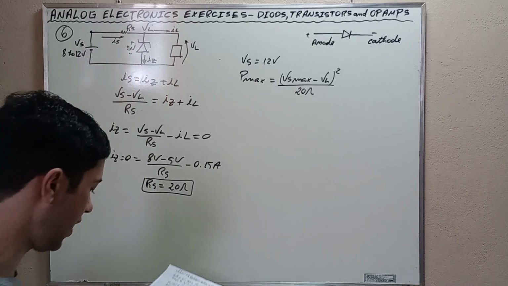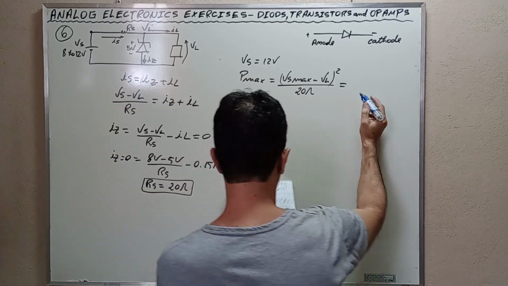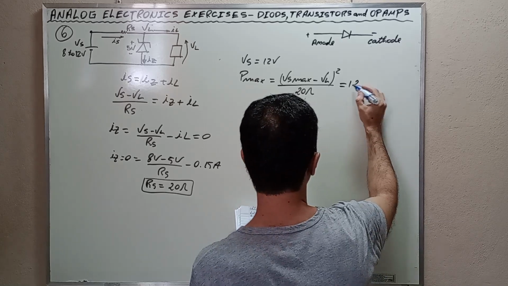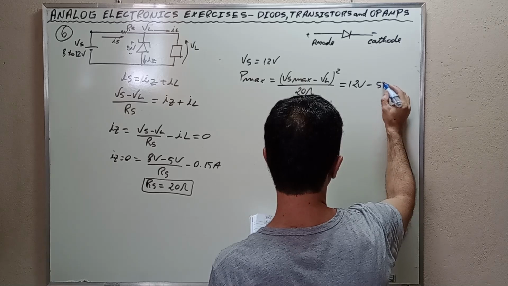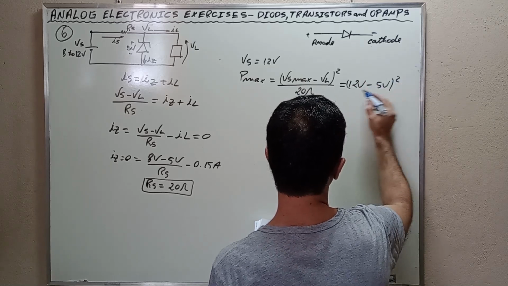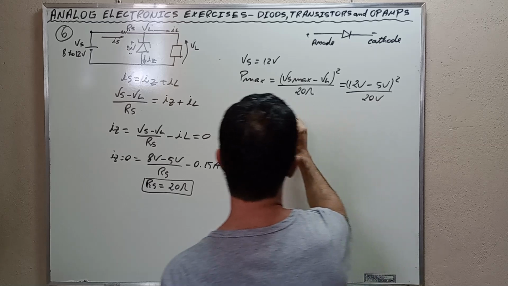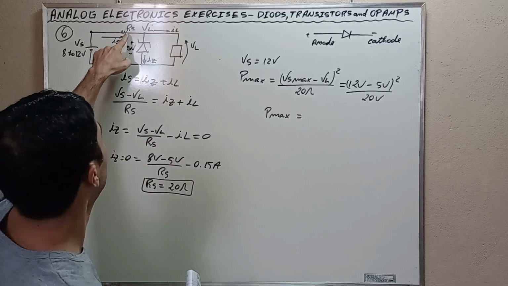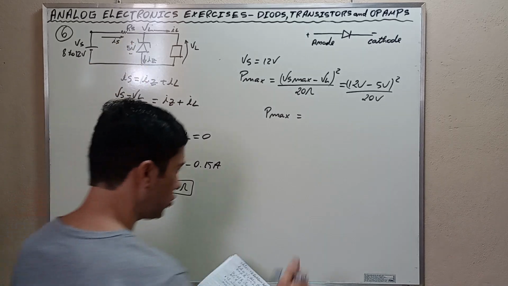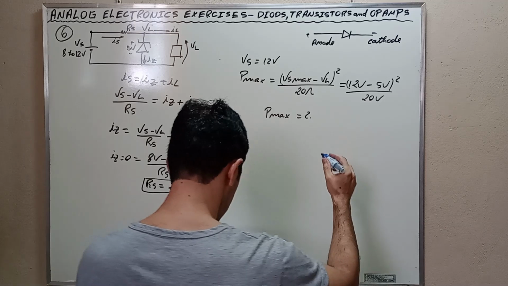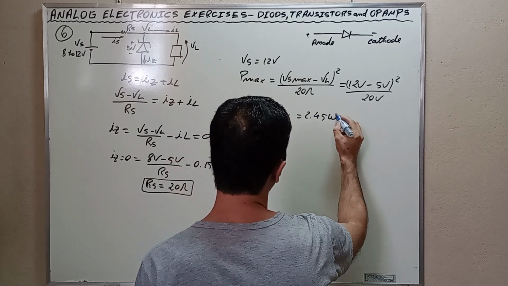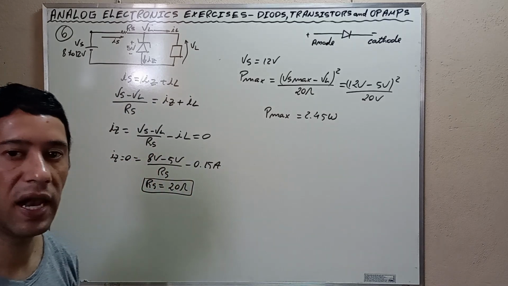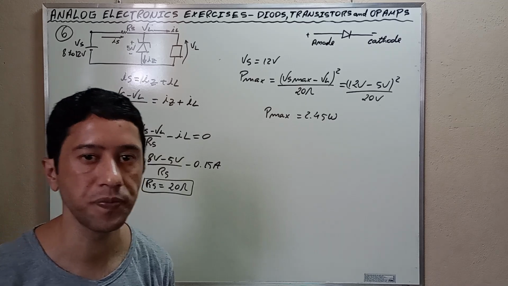Substituting the values, 12 volts minus 5 volts squared divided by 20 ohms, we find that the maximum power dissipated in the Rs resistor is 2.45 watts. Okay, my friends, and this is all for exercise number 6. Let's go to exercise number 7 now.